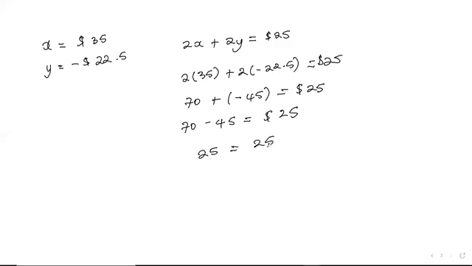Something is wrong with the question. Right, because how are you going to have negative $22.50? We are correct, and something is wrong with the question. The person who wrote this question wanted to confuse us.